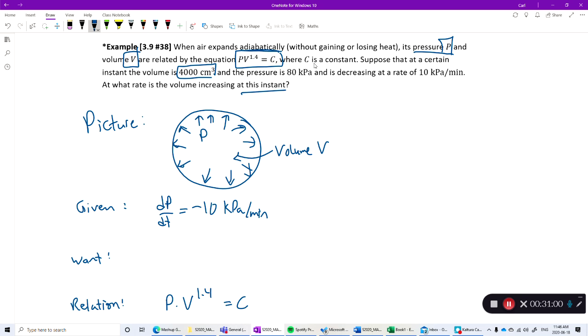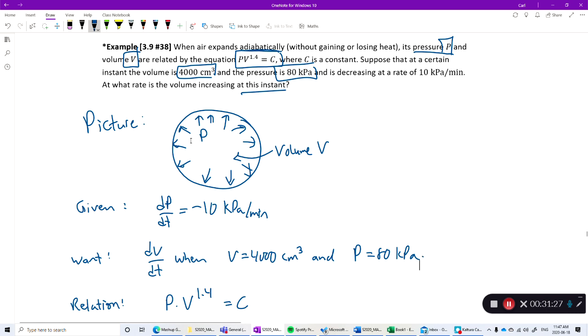And you might say, well, we're given these two, but those are changing. So I'll put those down here. What we want is the volume derivative at the moment when the volume is 4,000 and when pressure is 80 kilopascals.